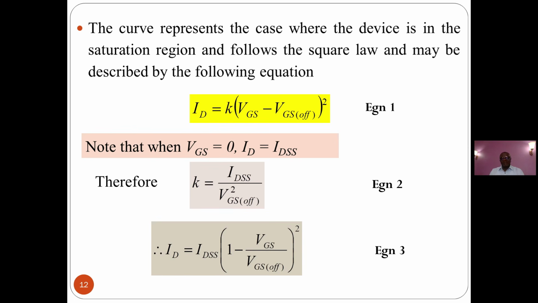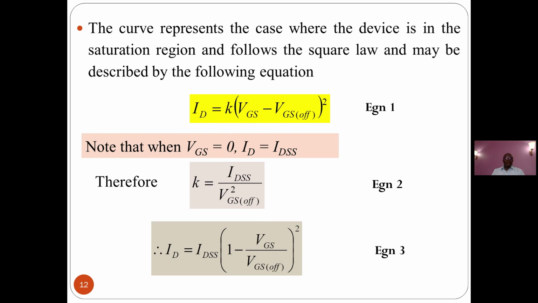So we say that this ID follows the square law. That is, the drain current increases sharply as a small change in the applied gate to source voltage is made. That is at the saturation region. That is what is meant by square law, and that is what is represented by equation 1.